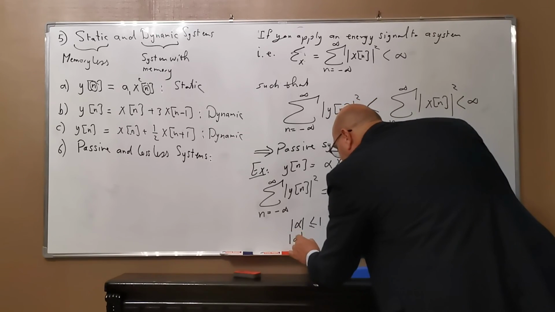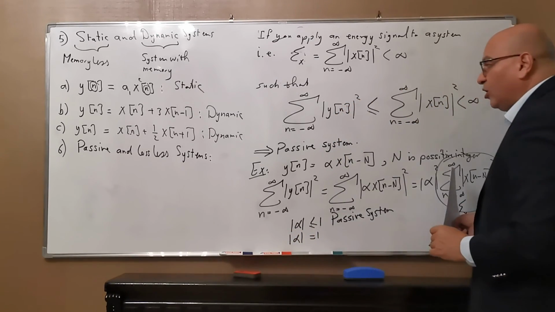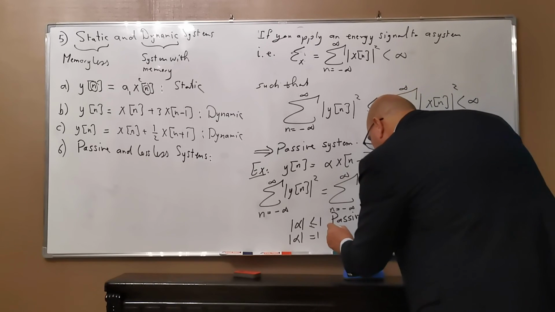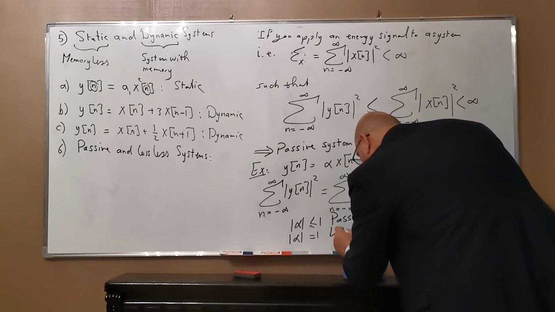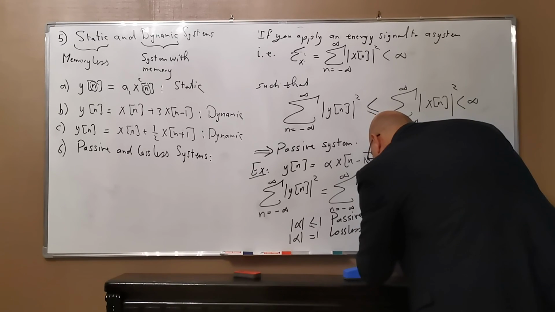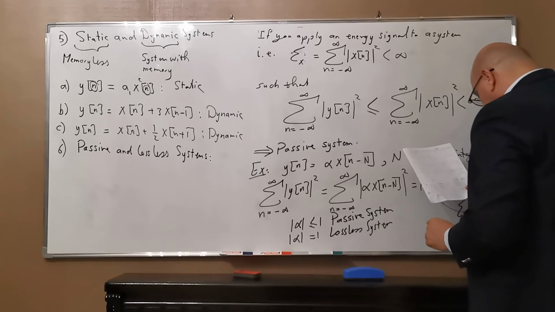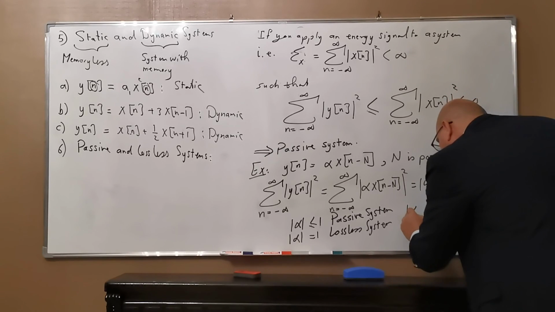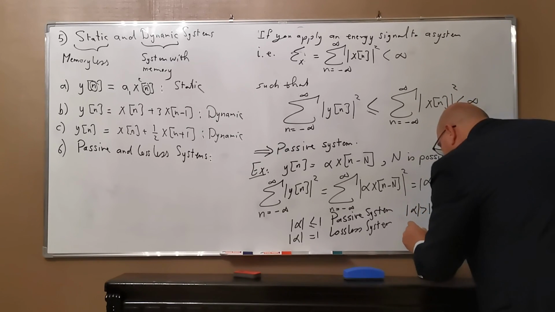If the magnitude of alpha is equal to 1, then we have a lossless system. And if the magnitude of alpha is greater than 1, then you have an active system.